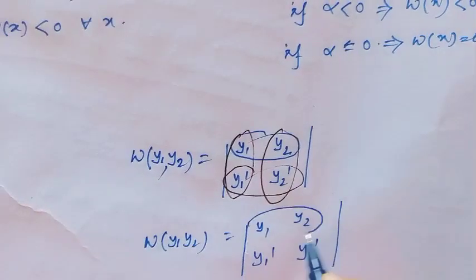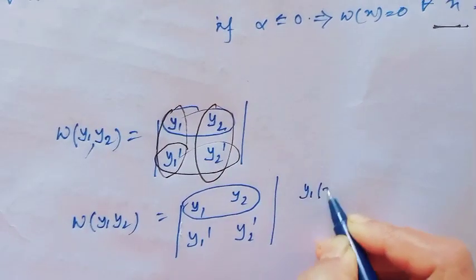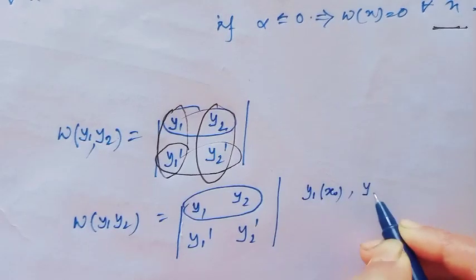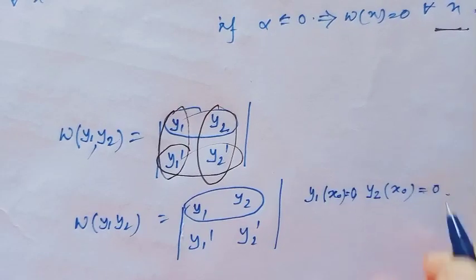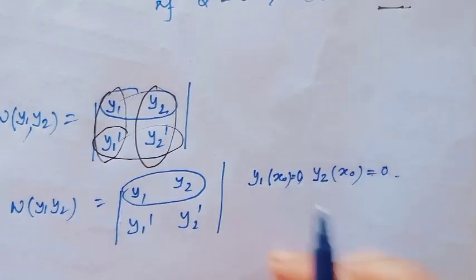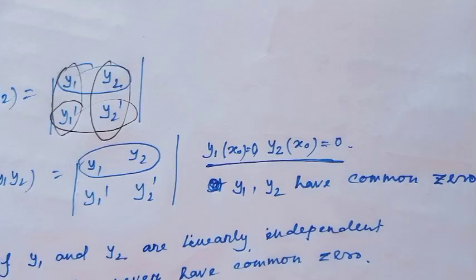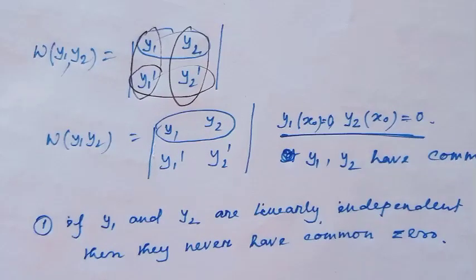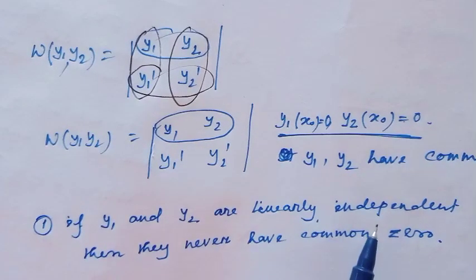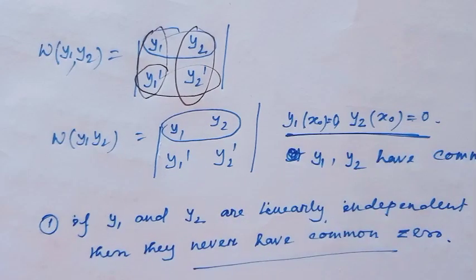If we consider the first row equal to 0, then y1 x naught and y2 x naught equal 0. That means the solutions y1 and y2 have common zeros. And if y1 and y2 are linearly independent, they never have common zeros. I hope all my viewers have understood this concept.